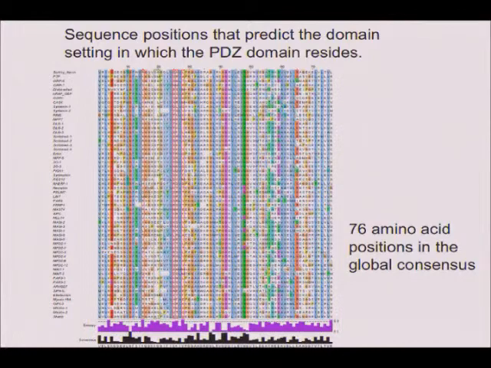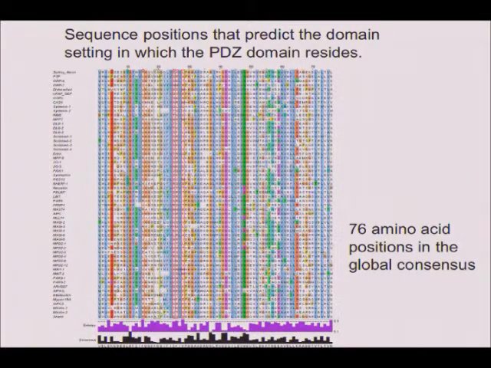All the PDZ domains of bilateria, and line up 76 amino acid positions, and look at their conservation through all of them. There are certain positions across the 76 amino acids which are absolutely conserved 100% from Monosiga, or certainly from sponge, all the way to human.